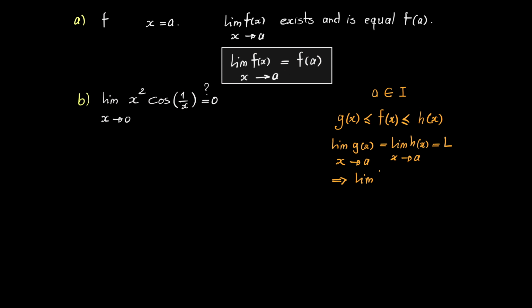Then you can conclude that the limit of the function in the middle exists, and more than that, its value is equal to L. The function in the middle, which is squeezed or sandwiched by these two functions, has a limit exactly equal to their common value.